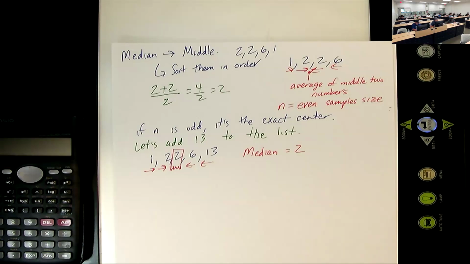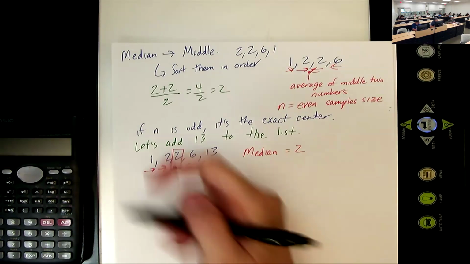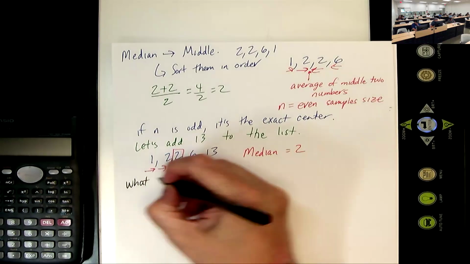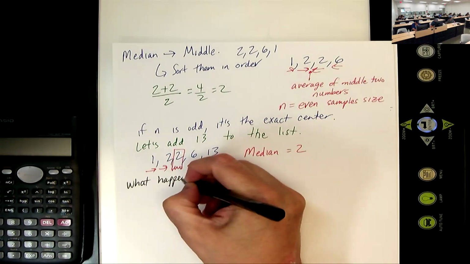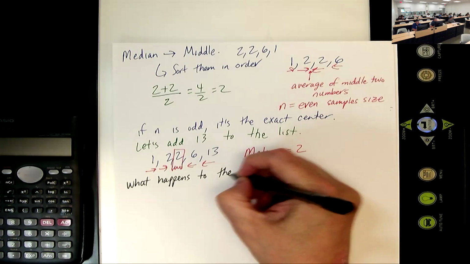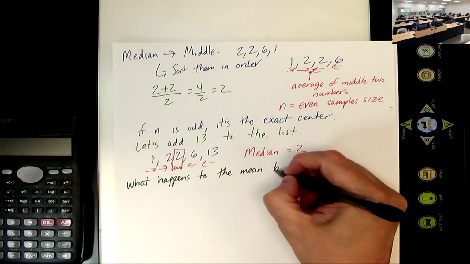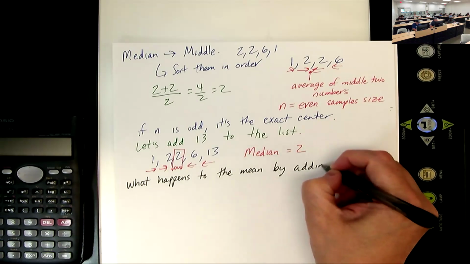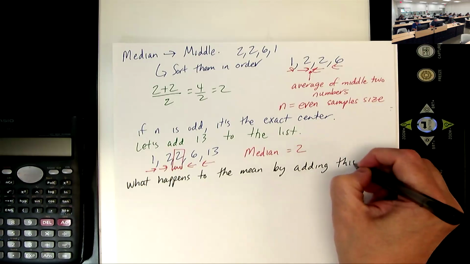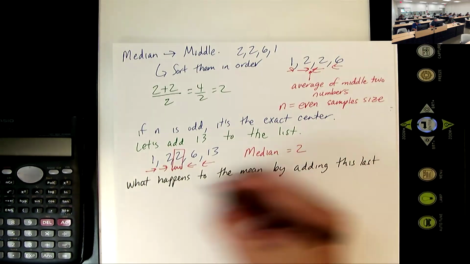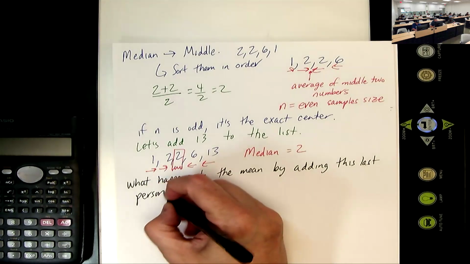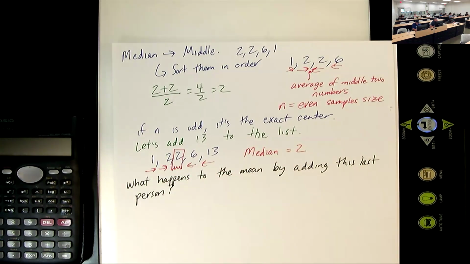What would happen to our mean with this, by adding someone with 13? Make the average go up. Let's recalculate.